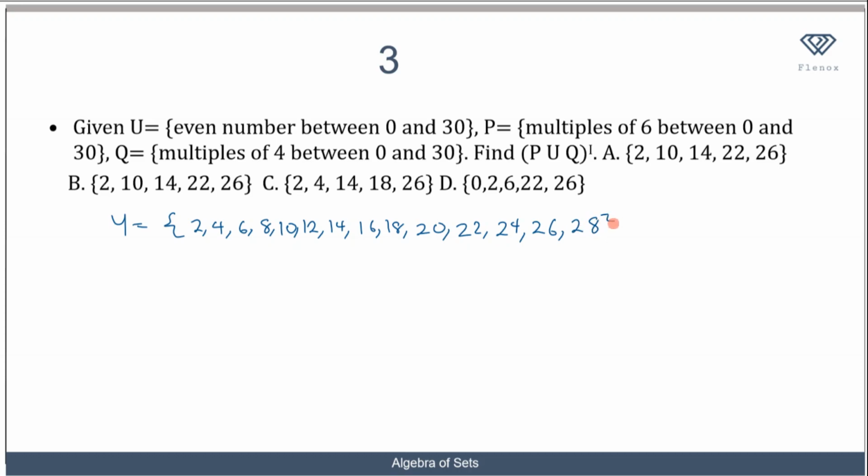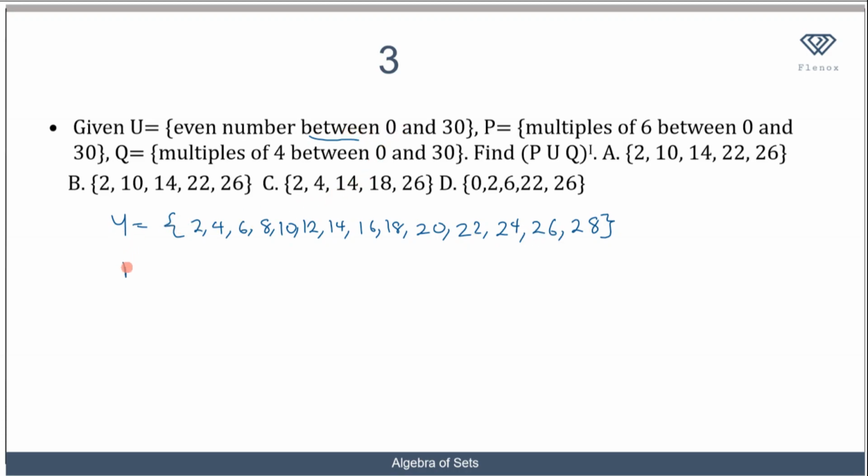Since we are told even numbers between, it has to be between these two numbers. If we were told inclusive, then we could add both the 0 and the 30, but since it's only specified that the even numbers in between, we just start at 2 and end at 28.